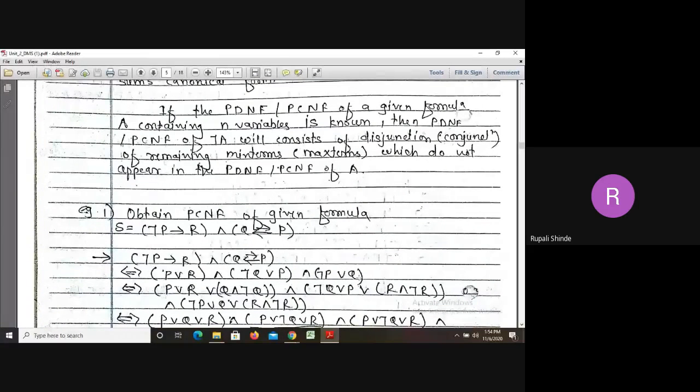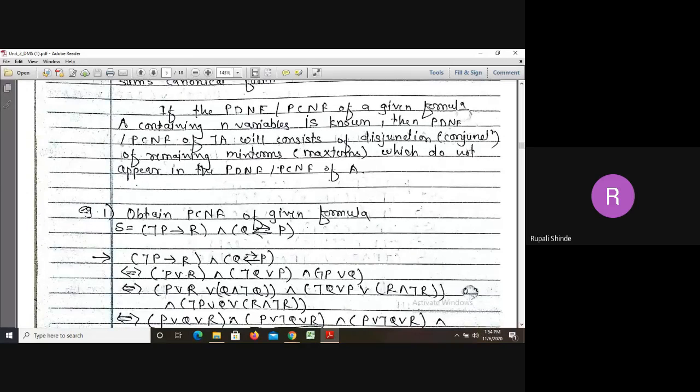Good. Now check here. This is in the required form, that is product of sum. For this PCNF, outside the bracket 'and' should be there, inside the bracket 'or' should be there, and this condition is satisfied here. But each and every bracket does not contain all three variables.